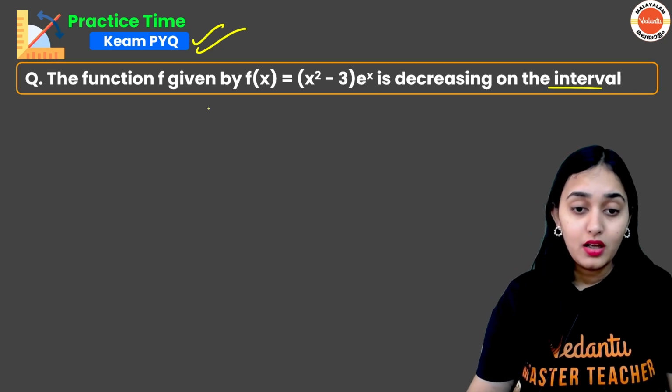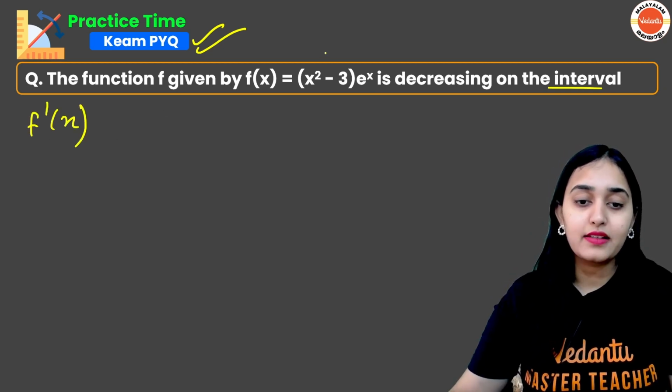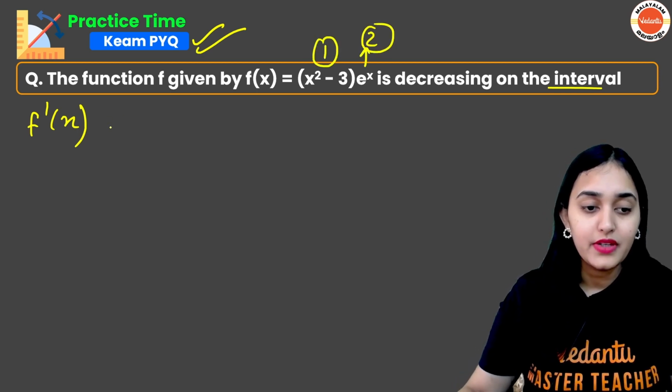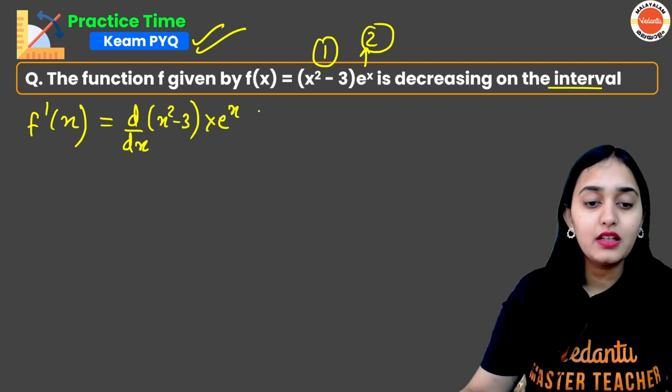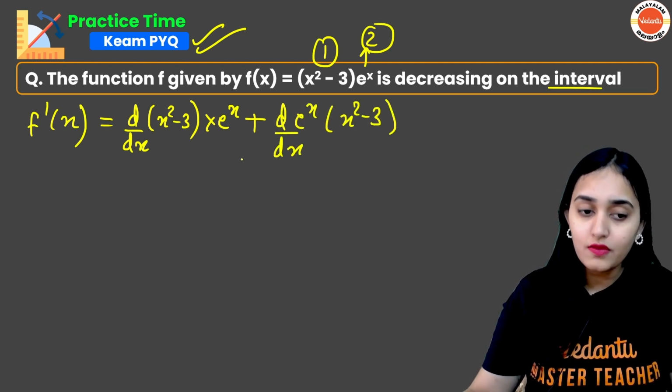Okay. Now the function is given, so we will find f dash of x. Again, product rule. This is the first function, this is the second function. So d by dx of the first function into the second function plus derivative of the second function into the first function. This is what we do.